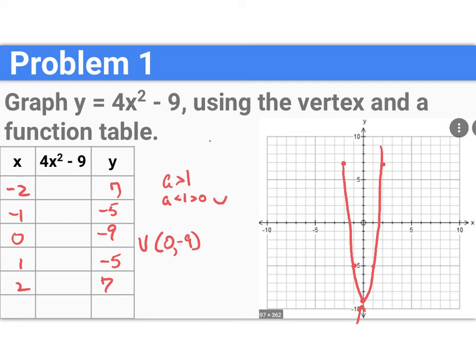So if your A is 2, your parabola will be very skinny compared to a regular where A equals 1. If A equals 1, you'll get a standard U, whether it's up or down. But the bigger your number gets, the skinnier your parabola gets.